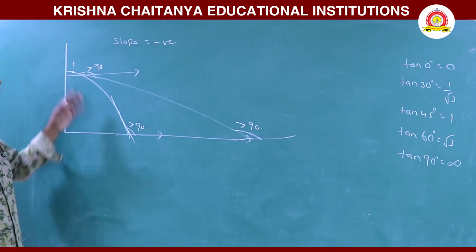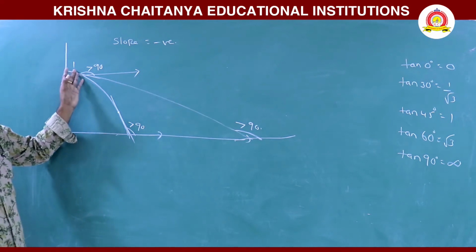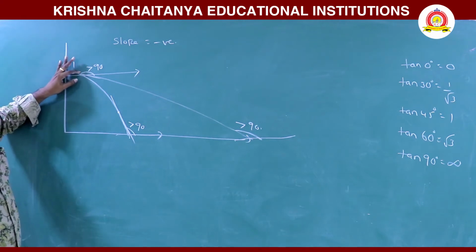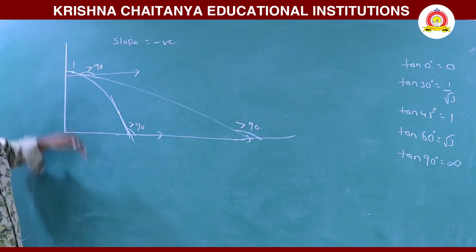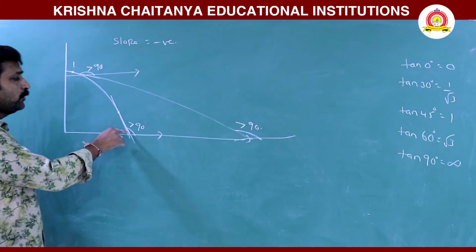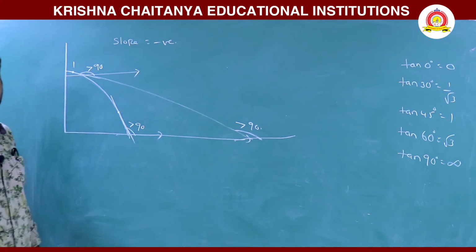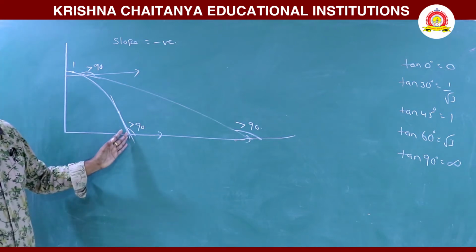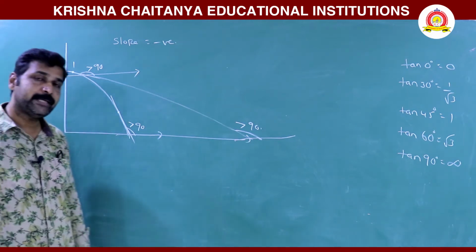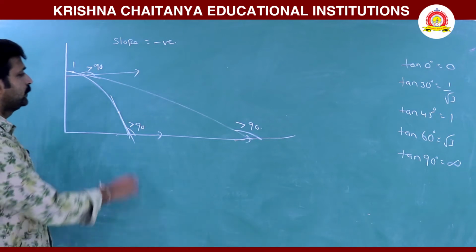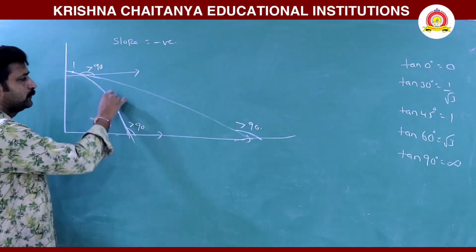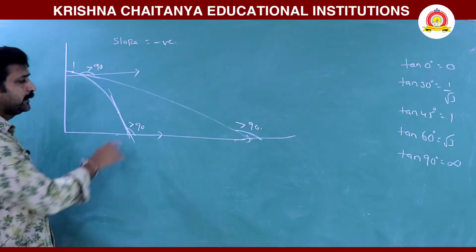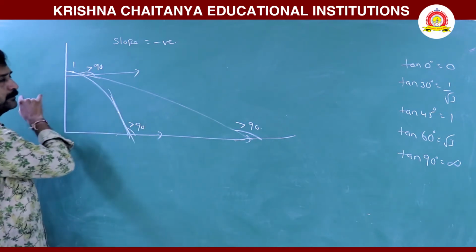And as you observe, since slope is negative, moreover here slope increases as the graph curve turns to this side. Why? Because if you take this point, though it is greater than 90, the angle is less than this one.